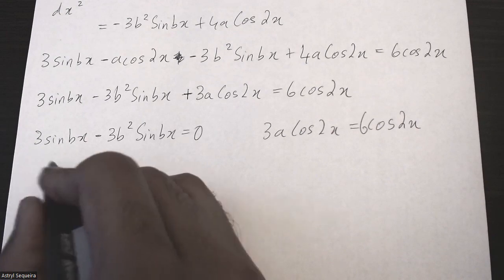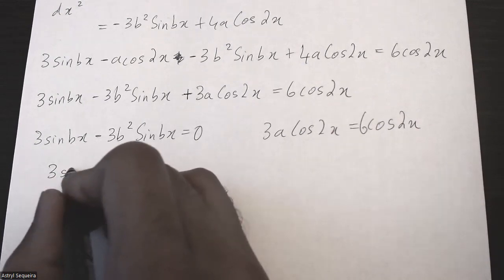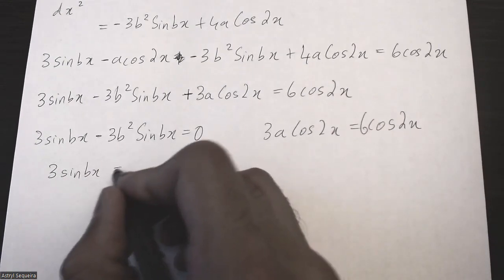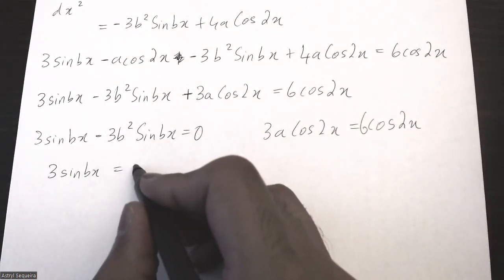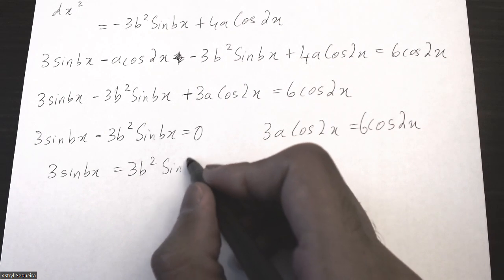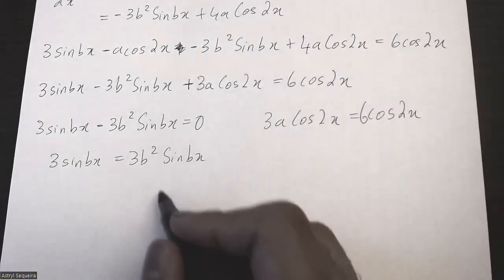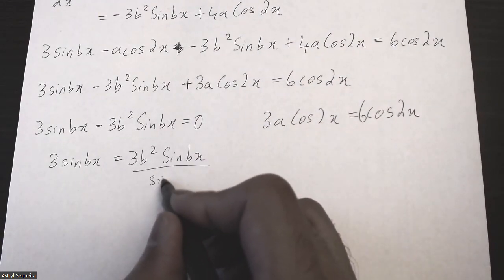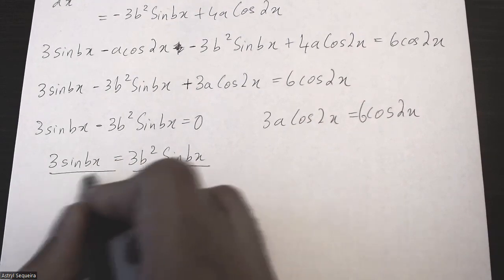I'll start with this one over here. I'll move the 3b squared sine bx to the other side, and I'll just divide both sides by sine bx.